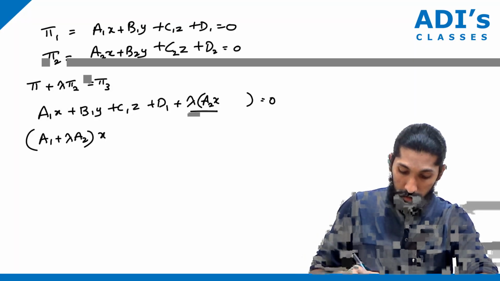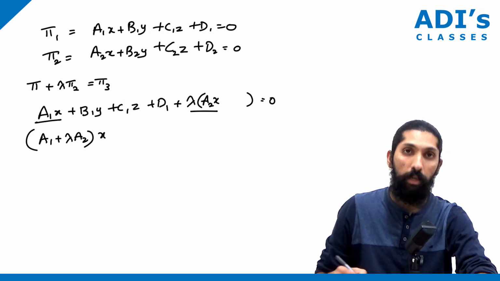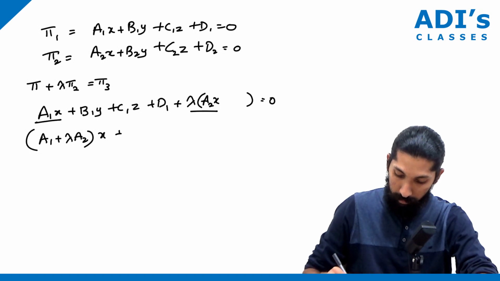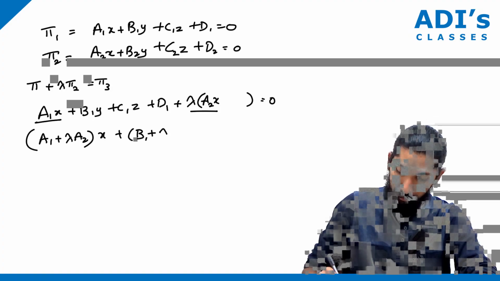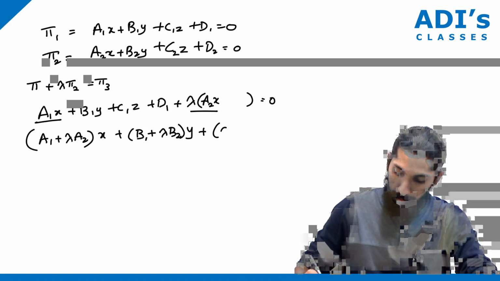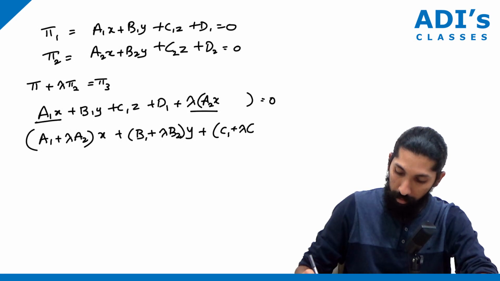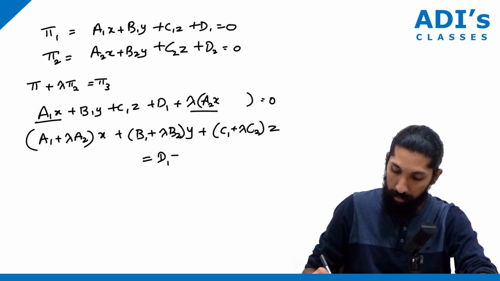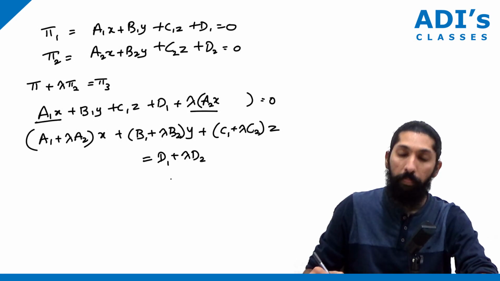So in this and then this, take x common, a1 plus lambda into a2. Likewise, plus b1 plus lambda b2 into y plus c1 plus lambda into c2 into z is equal to d1 plus lambda into d2.